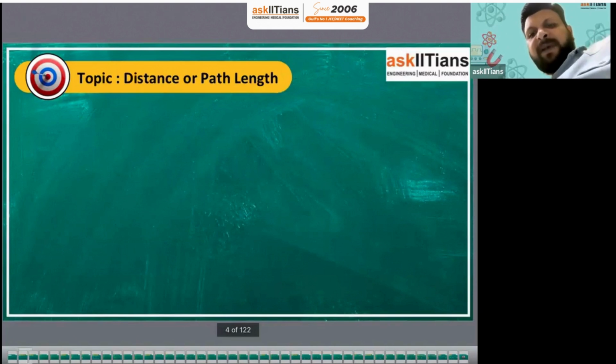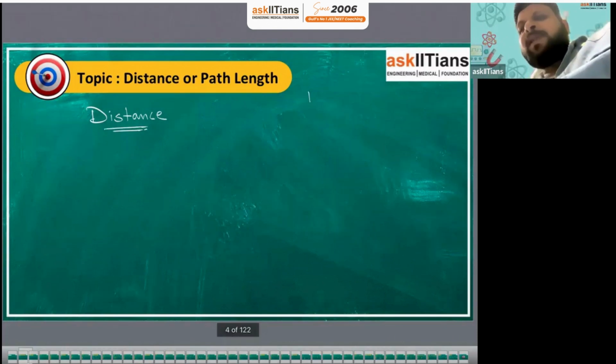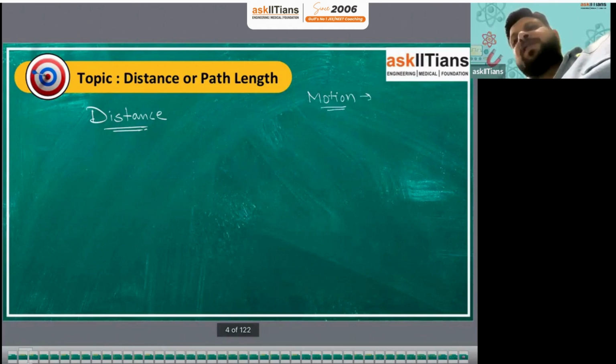So next, the basic concept here is distance or path length. So what is a distance? When you say any object is in motion, that means its position is changing with respect to time.